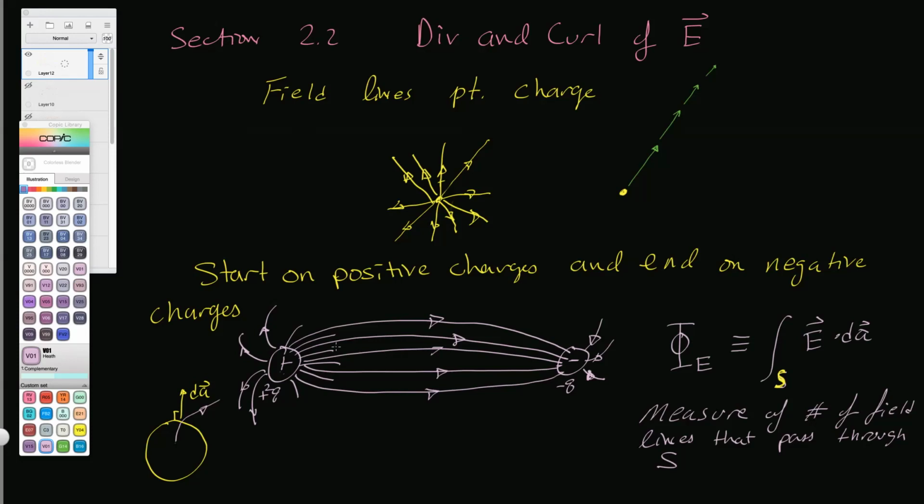Okay, so this is really Gauss's law, that this is proportional. We're going to make this a little bit more formal. All right, so we have the integral around a closed surface S of E dot dA.